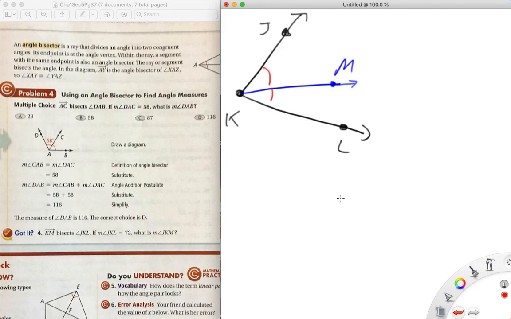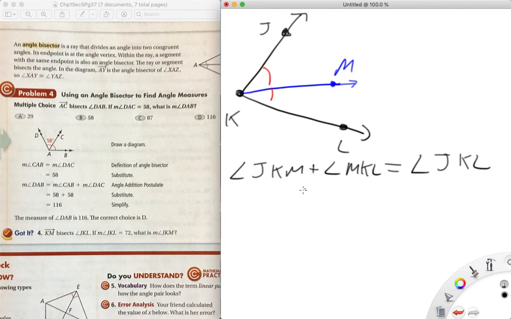So they tell me that JKL, the big angle, actually let's do this. Since I know that it's cut in half, I can say that angle JKM plus angle MKL is equal to the bigger angle, angle JKL.